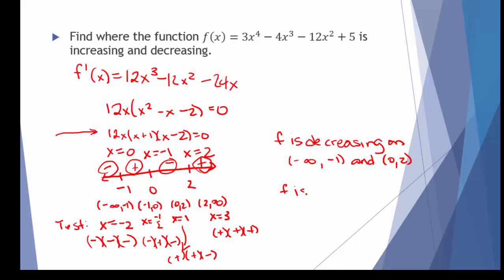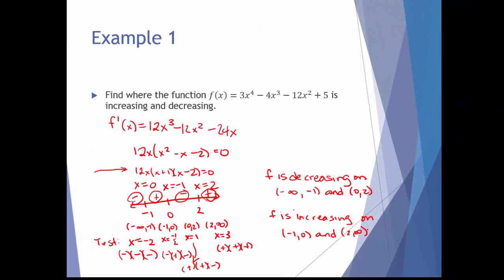We notice that our derivative is going to be positive on -1 to 0 and 2 to infinity. Well, if your first derivative is positive, that tells you that your original function is increasing on those two intervals. So f is increasing on -1 to 0 and again on 2 to infinity. So notice you already know everywhere that your function is increasing and decreasing just based on looking at its first derivative. Which brings us to the first derivative test.